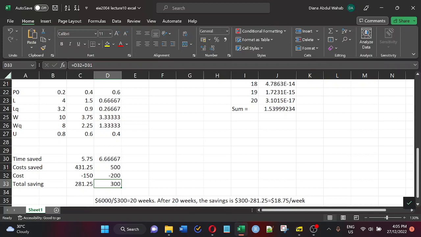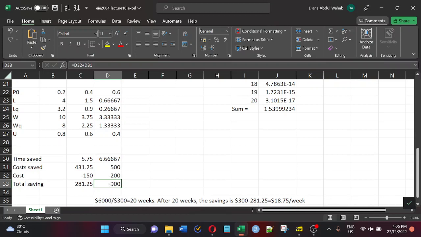But for the first few weeks, you have to clear up this $6,000, because to get the new counter you need to pay $6,000. So $6,000 divided by the $300 that you are able to save here, you get 20 weeks.